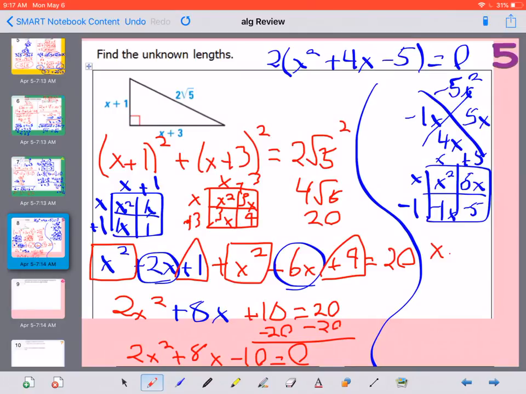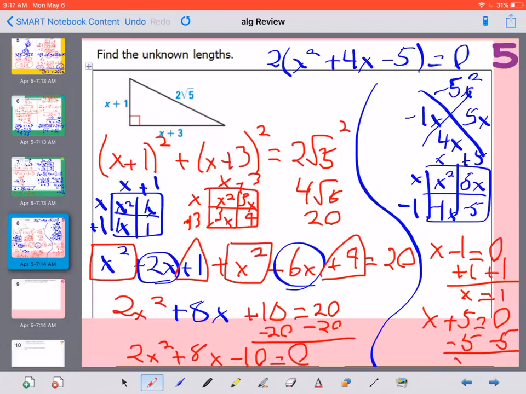So we're left with x minus 1 equals 0, and x plus 5 equals 0. I'm going to add 1 and subtract 5. Now here I get a negative number, so I know that that's my extra solution. X equals 1 is going to be my answer.